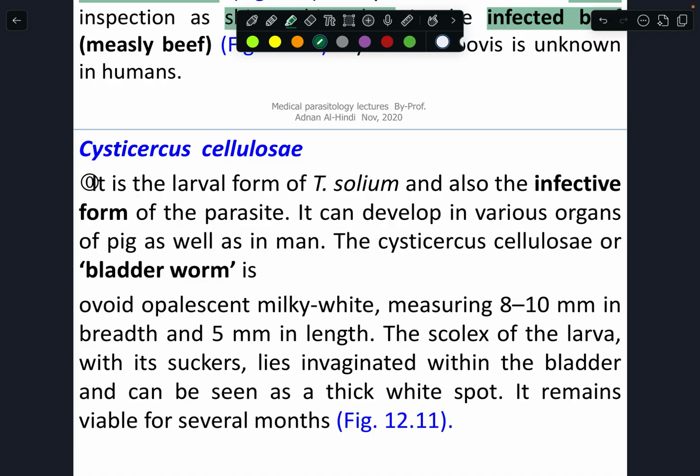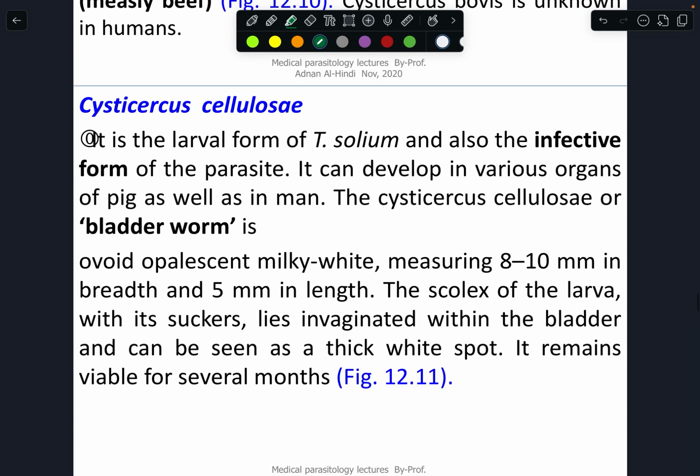Cysticercus cellulosae. Larval form of Taenia solium.